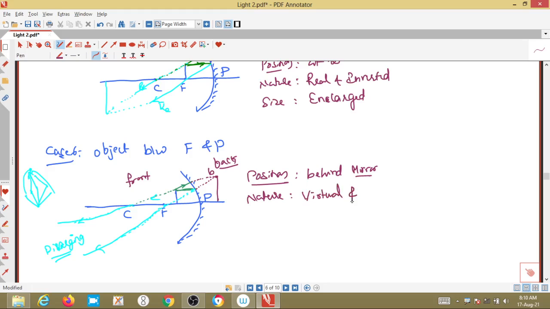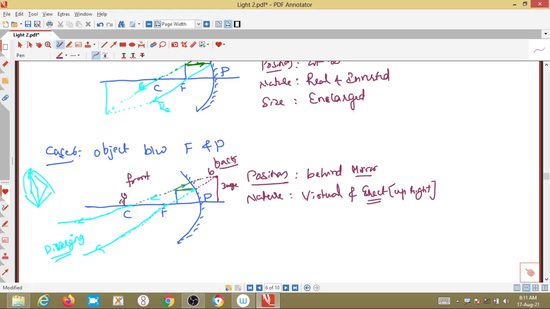When the image is virtual, it is upright or erect, right? The image is erect, that is upright. It is not inverted, which means the image is in the same manner as the object is placed. Clear?